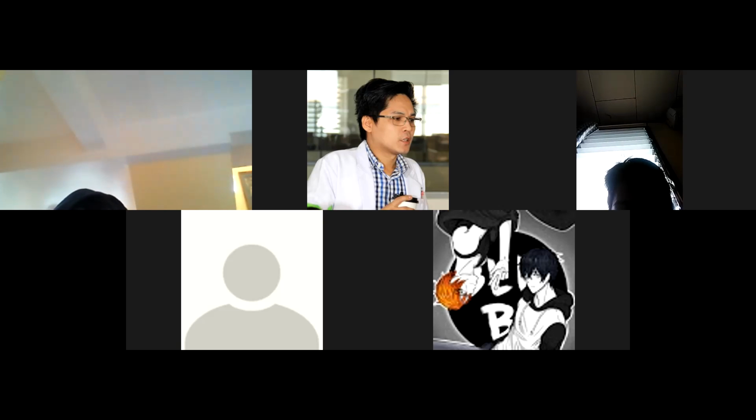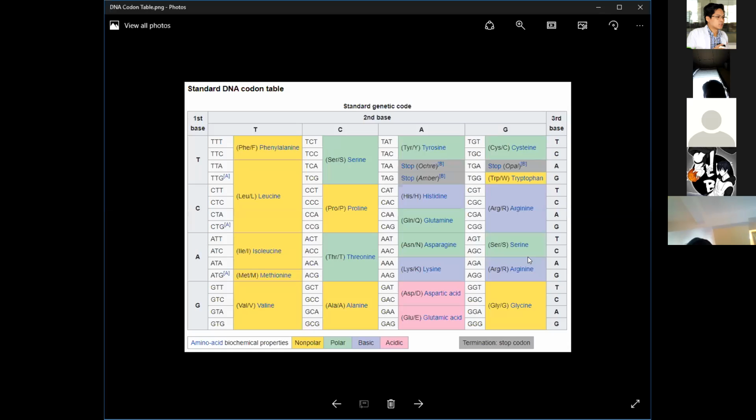Are you referring to this, Margie? Okay, this is the standard DNA codon table in which a specific set of codons creates or predicts a specific protein.